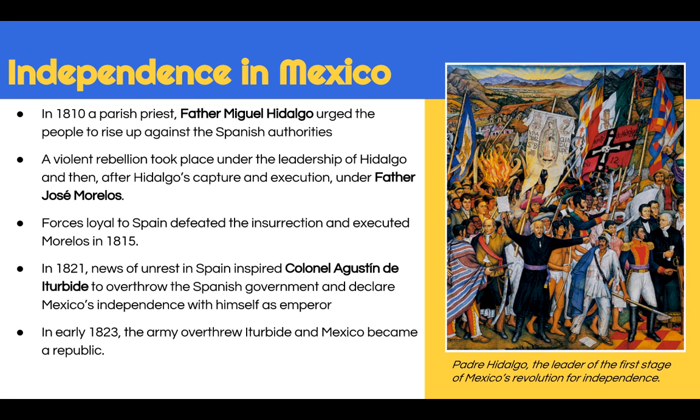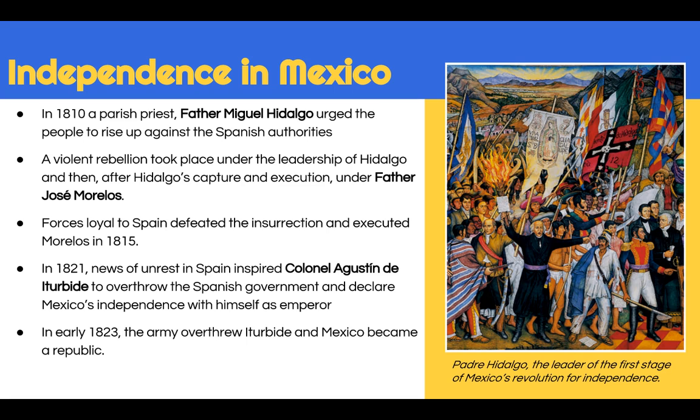That turmoil reaches a climax in 1810 when a parish priest, who you see pictured here to the right, Father Miguel Hidalgo, urged people in his parish to rise up against their Spanish rulers. And so he begins to lead a violent rebellion, a big coalition of people of all different backgrounds against the Spanish.